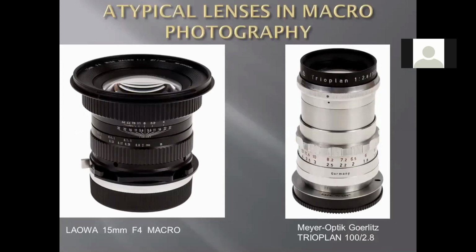So now these are atypical lenses in macro photography that can give some very interesting results. This is a 15 millimeter macro lens, which is wide angle, and it can focus from around 1 or 2 centimeters from the top of the lens.